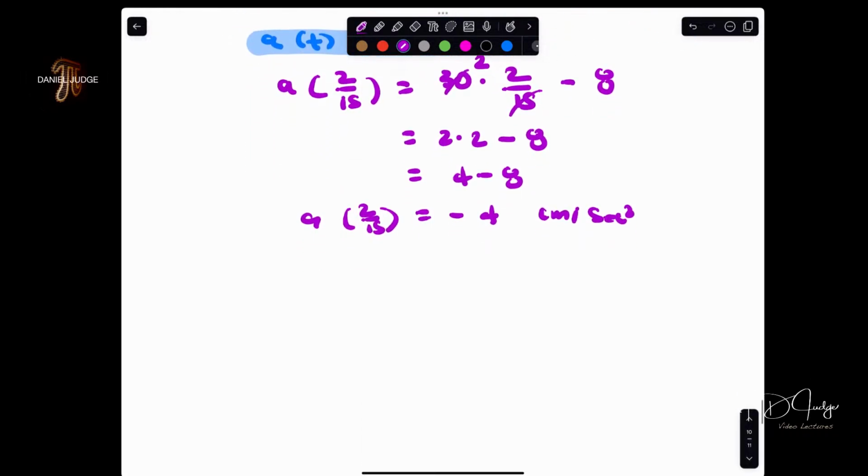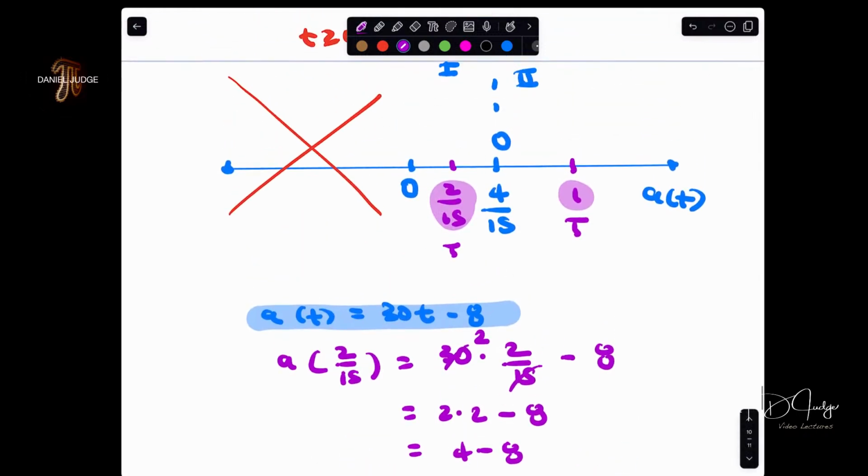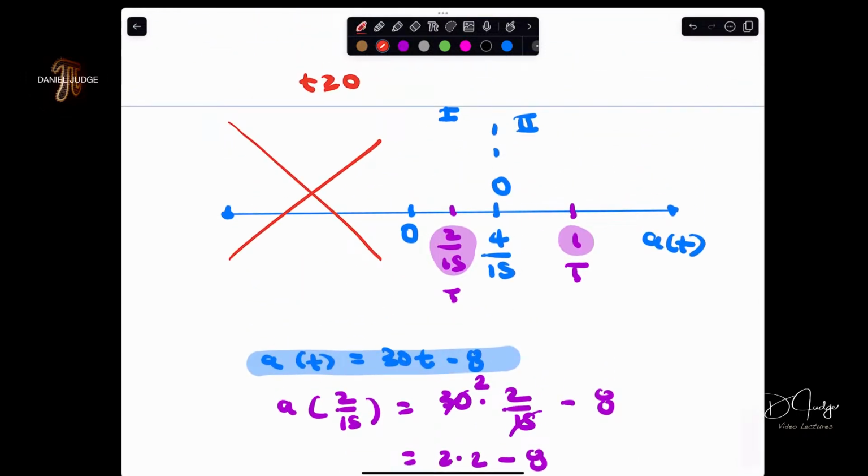So what we know is there's going to be a left pull for this particular region. So this is negative acceleration here. And this is region 1 now, okay?